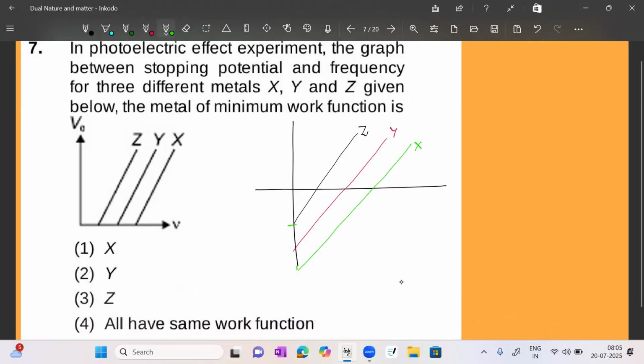Now here they ask which gives the work function. This is the graph between V naught, the stopping potential, and the frequency they have given. Now we can write which is correct, meaning which has more slope here.